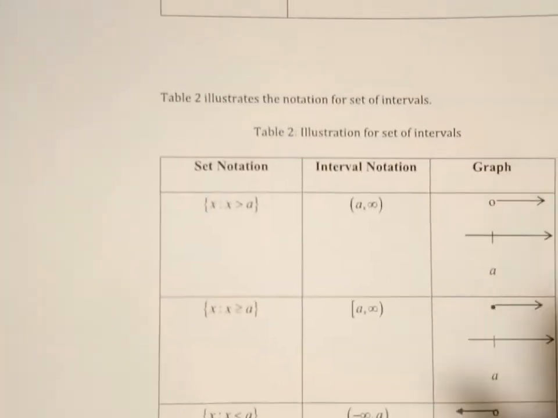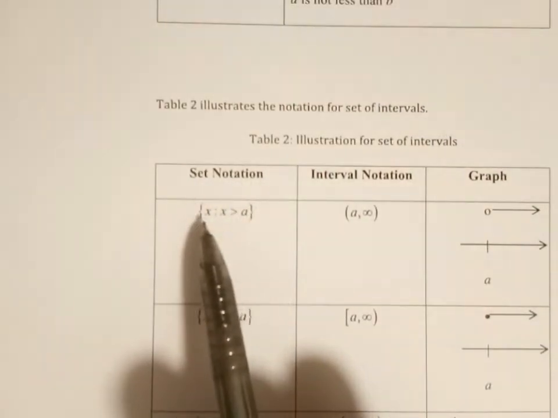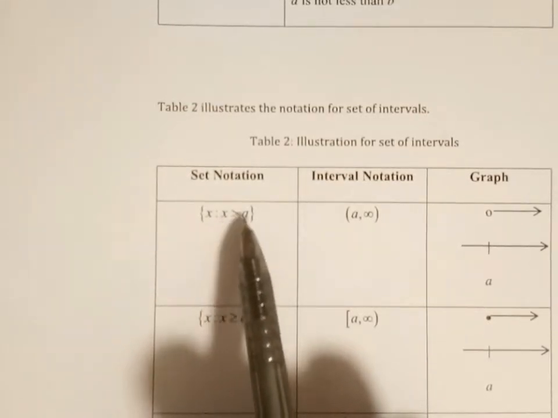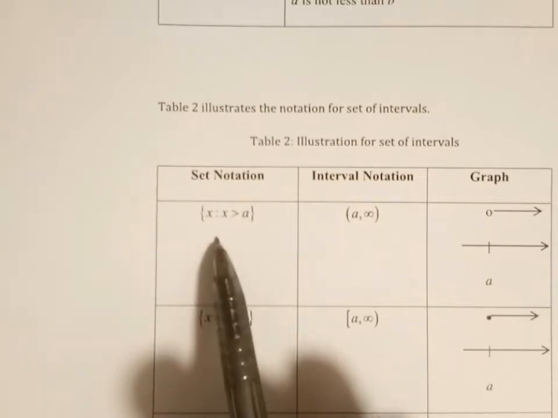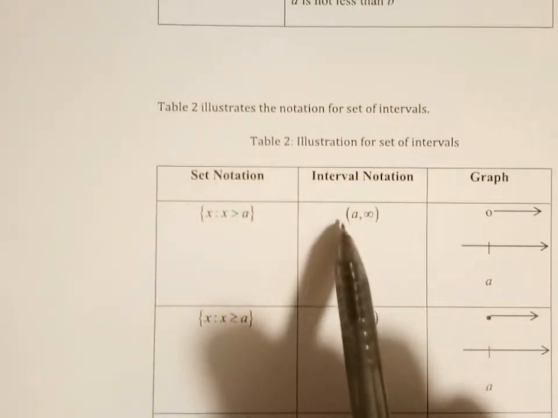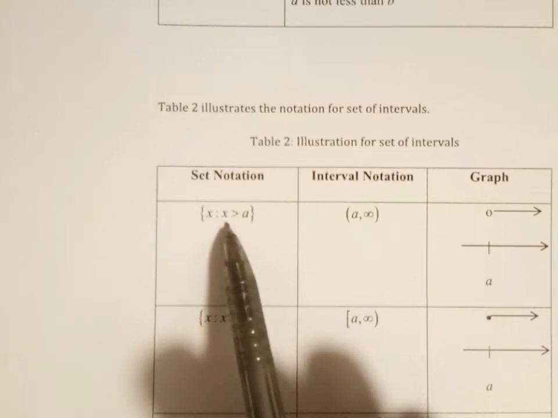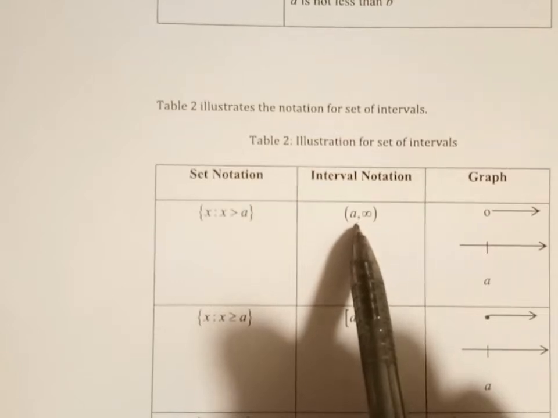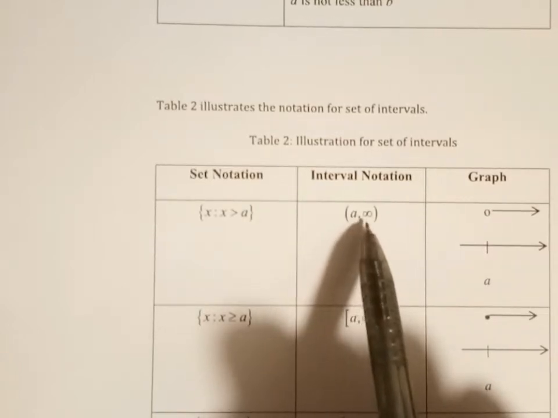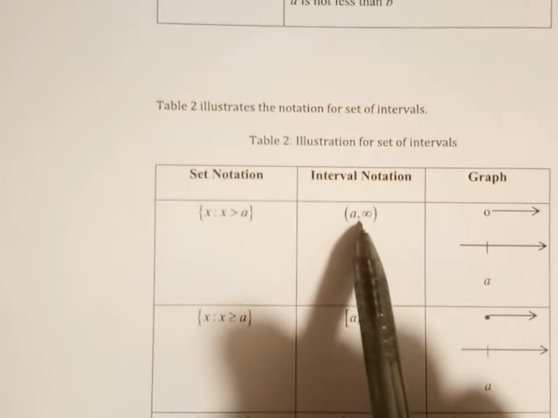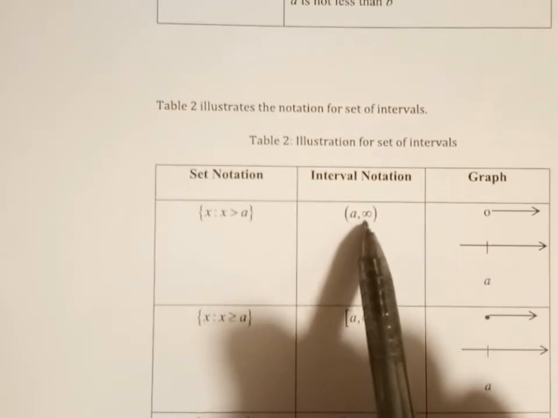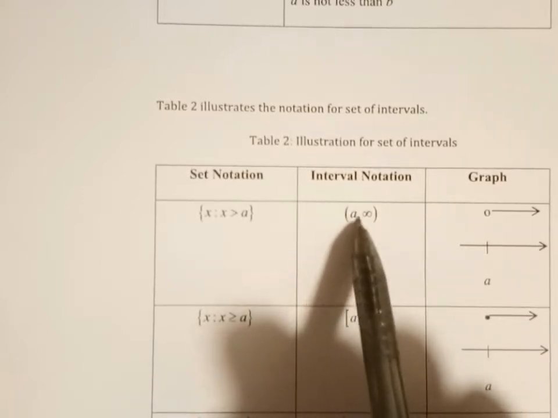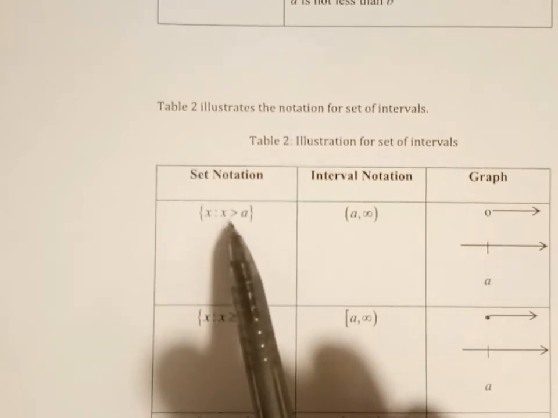Okay, for illustrations, if we have a set notation for x, whereby x is greater than A, then in interval notation, since x is any value greater than A, x can be any number in the interval from A to infinity, and A is not included. x equal A is not included since we don't have an equal sign here.